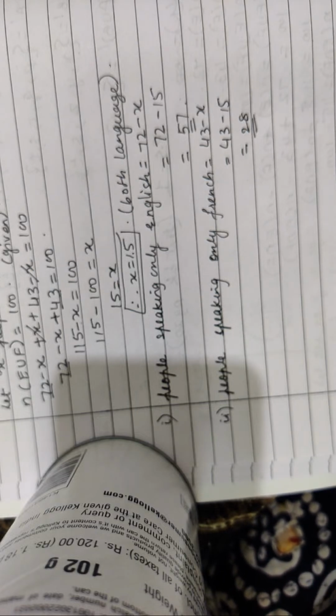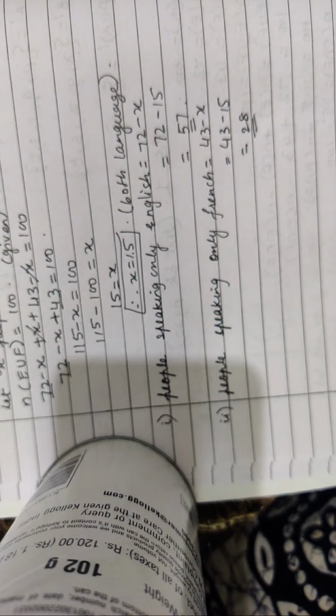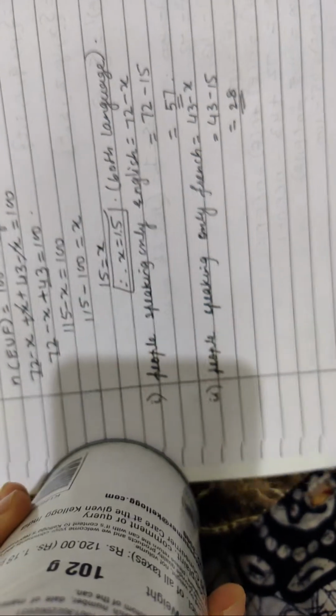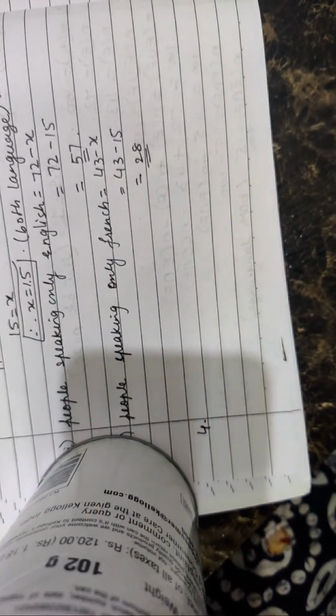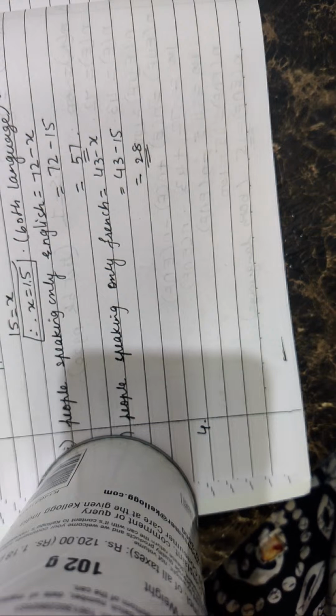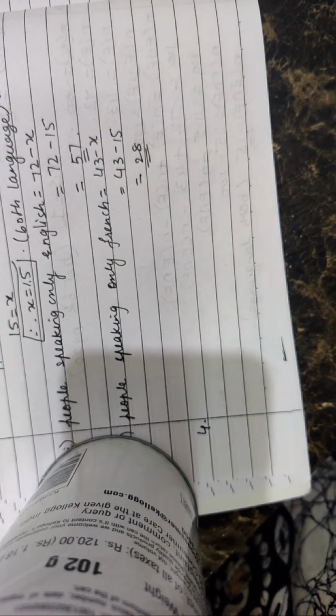I hope you are understanding this. Going on to the next sum, that is sum number 4. I'm on page number 17 of your textbook. Fine. 70 trees were planted by Parth.